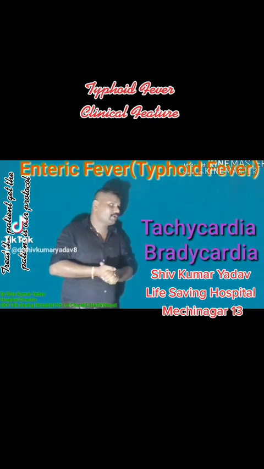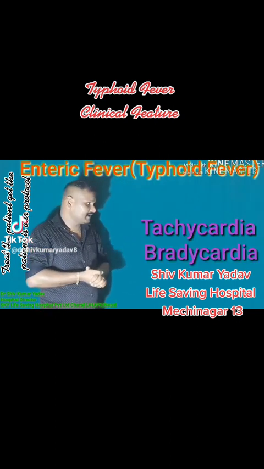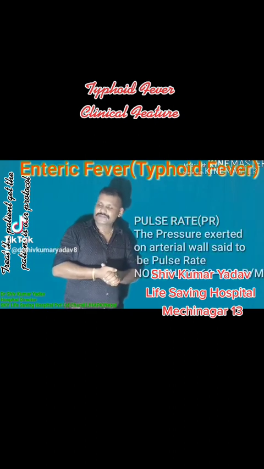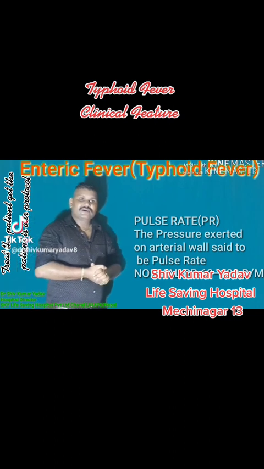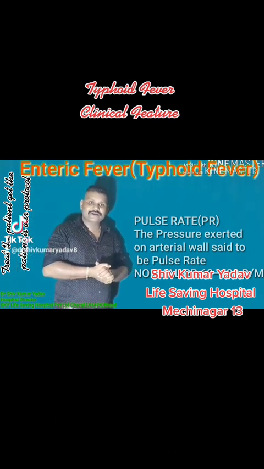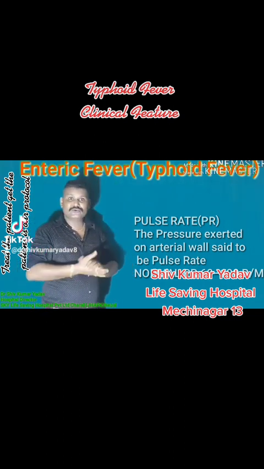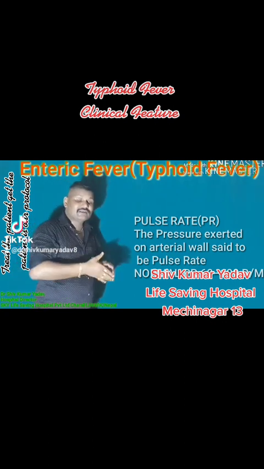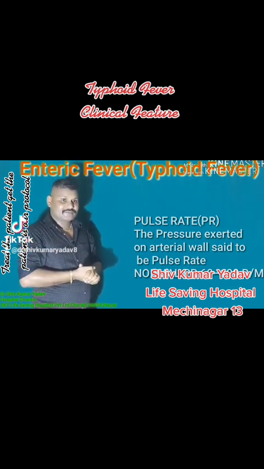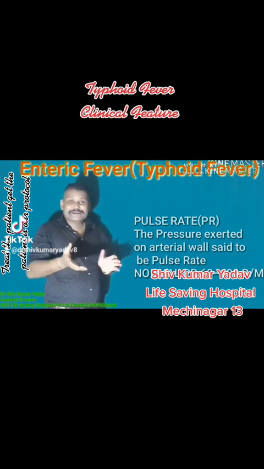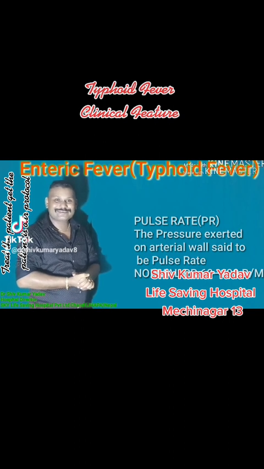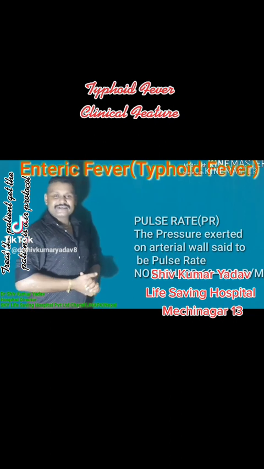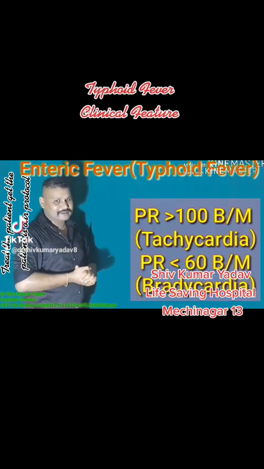So let's learn what tachycardia is and what bradycardia is. Before we discuss tachycardia and bradycardia, we first need to know what the pulse rate is and what the normal limit for pulse rate is. The pulse rate is the pressure exerted on the arterial wall, and the normal pulse rate is 60 to 100 beats per minute.